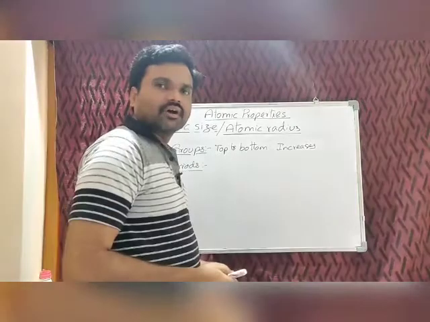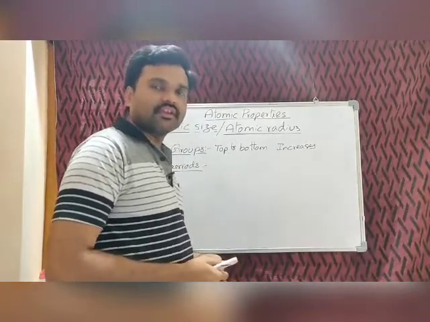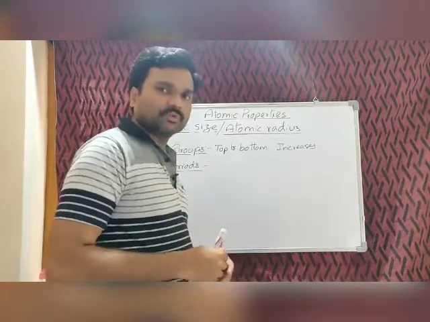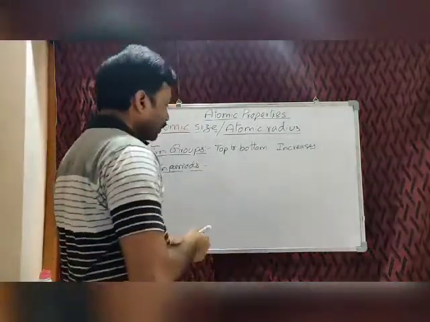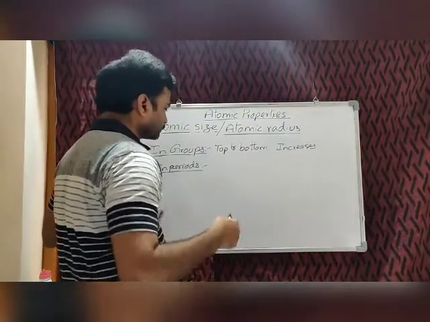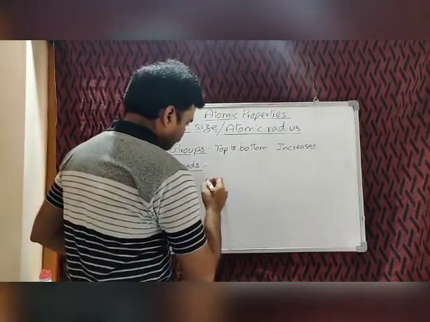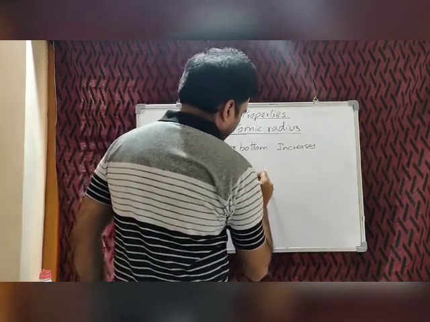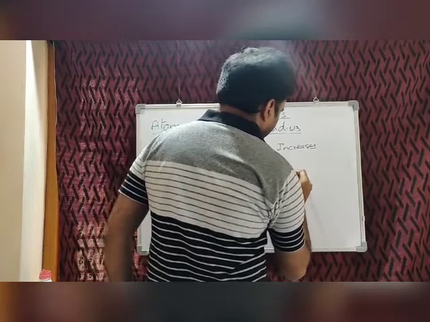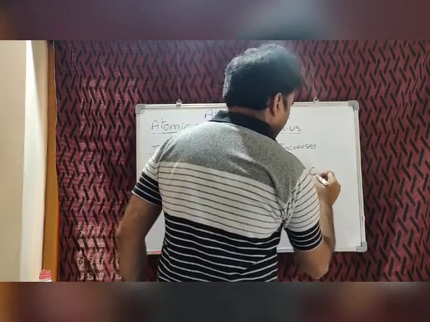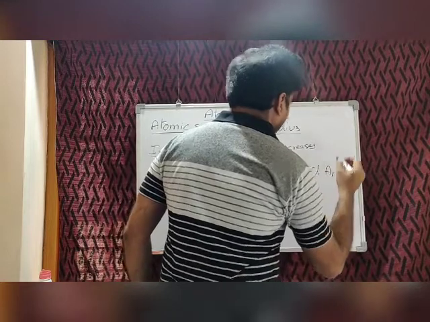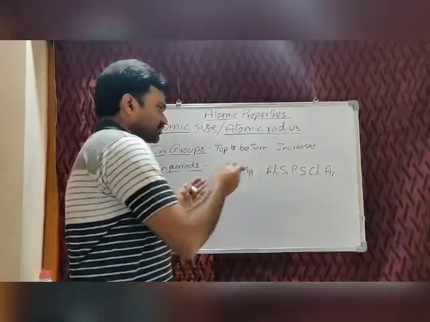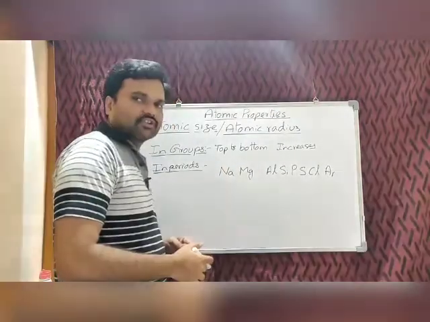Now let us see how atomic radius varies in a period from left to right in the modern periodic table. For this also, let us consider one period from the modern periodic table. Let us consider the third period: sodium, magnesium, aluminum, silicon, phosphorus, sulfur, chlorine and argon. These are the elements of the third period. Let us consider the number of shells in them.